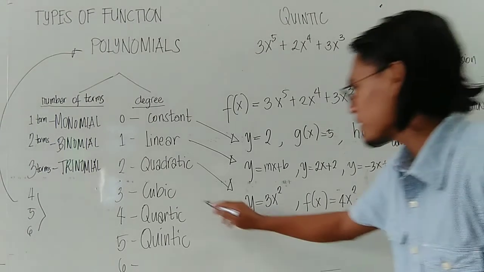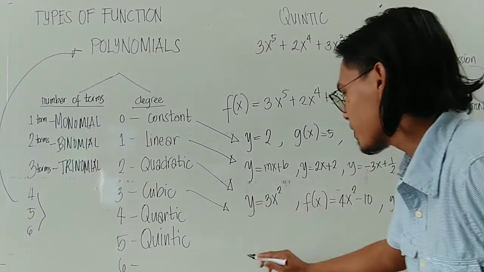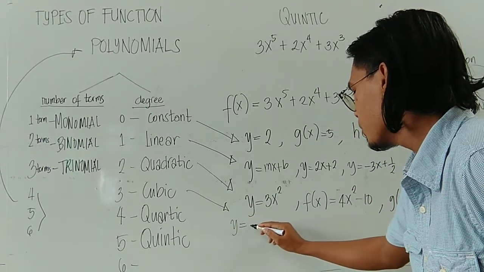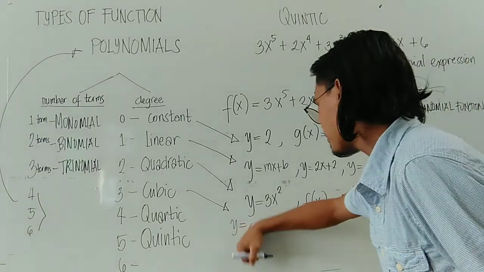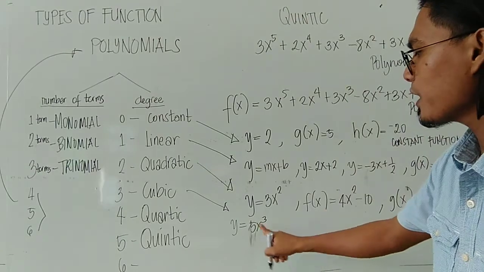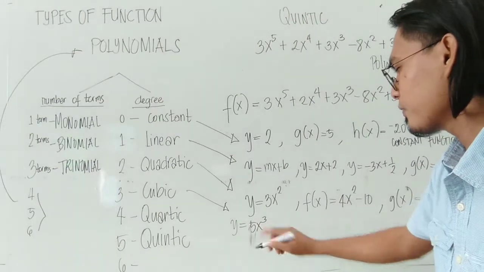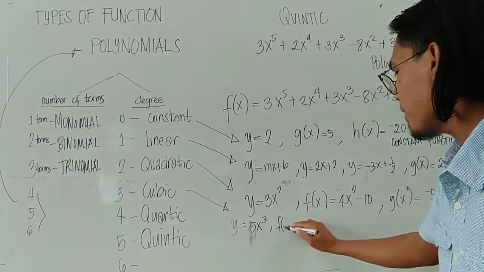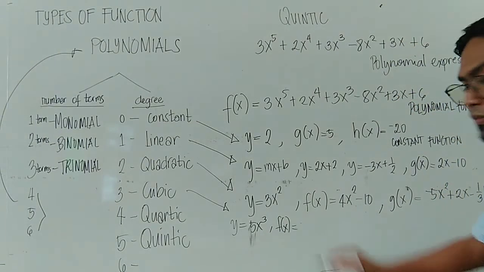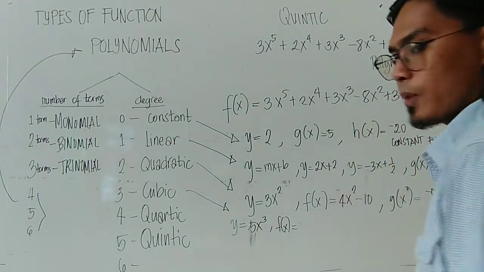Okay? Then, makadto ka sa may cubic. So, example sa cubic, y equals to 5x cubed. So, cubic ang exponent is 3. Another example, f of x is equal to, okay, panason ko ni guys sa babaw para mas makita niyo.